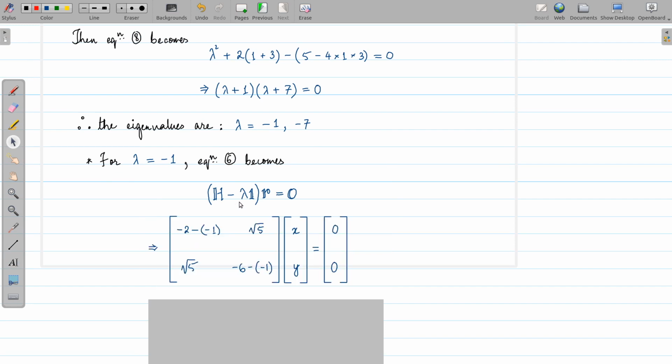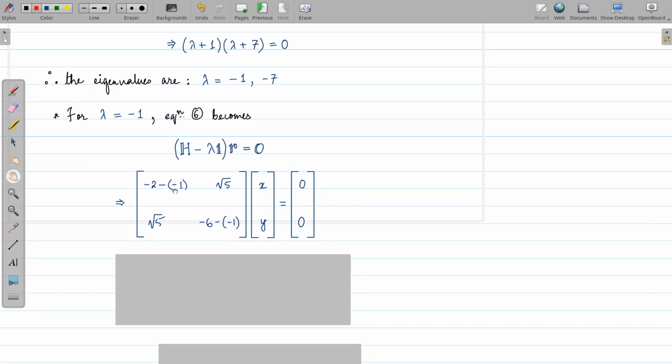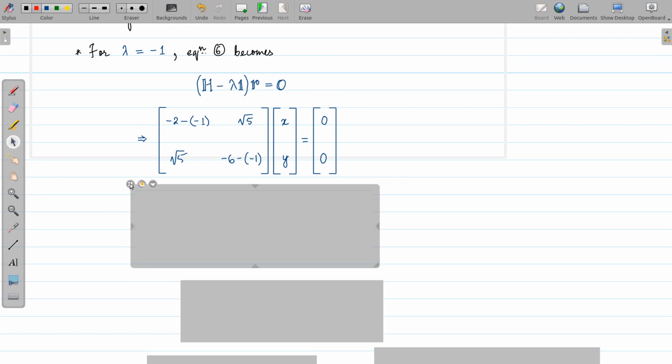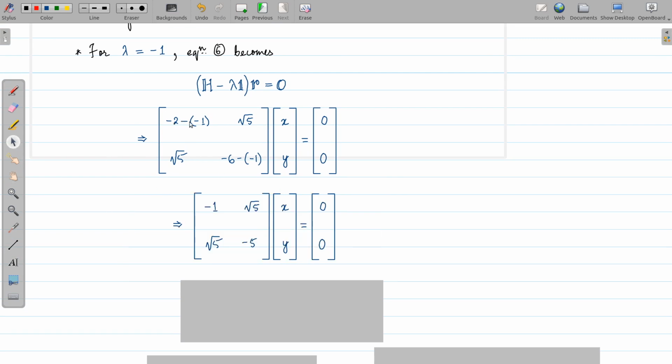We substitute the components: h11 minus lambda, h22 minus lambda, and the other two components remain the same. So lambda is equal to -1, multiplied with the vector (x, y) is equal to 0. From here, -2 minus -1 gives us -1, and -6 minus -1 gives us -5.